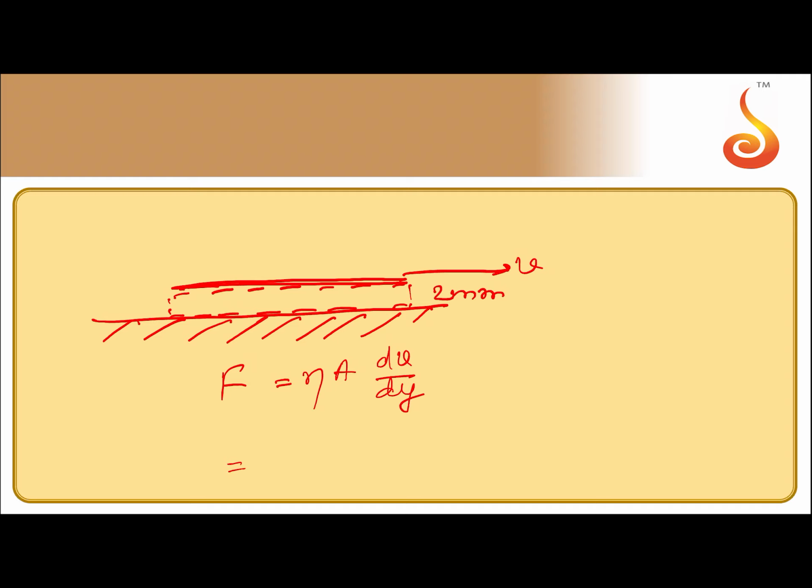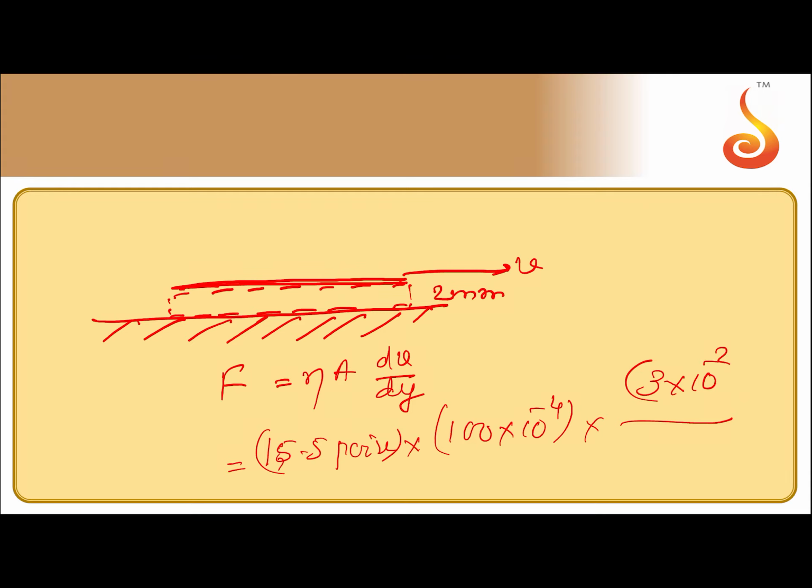So how much? Eta, 15.5 poise, into area 100 centimeter square, into the velocity gradient. What is that velocity gradient? 3 centimeter per second.